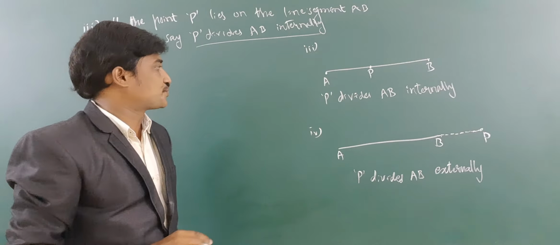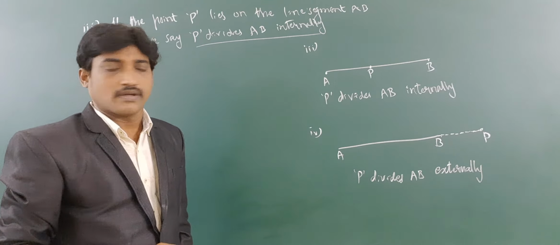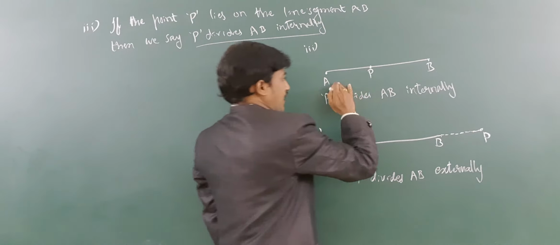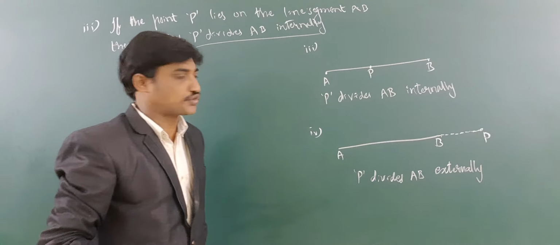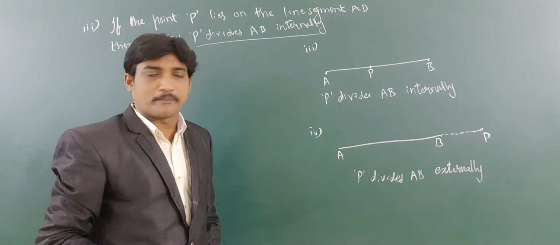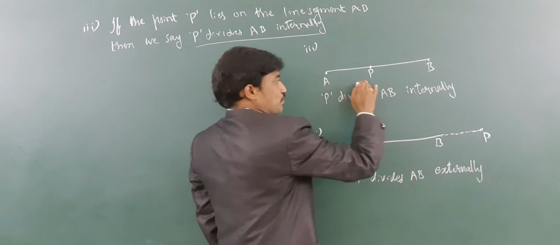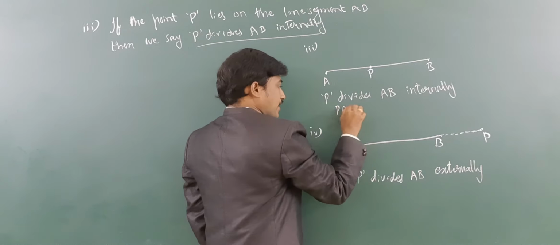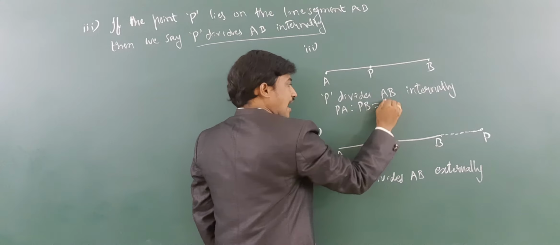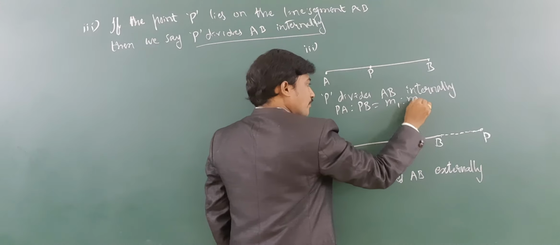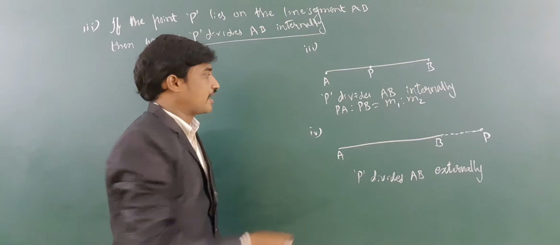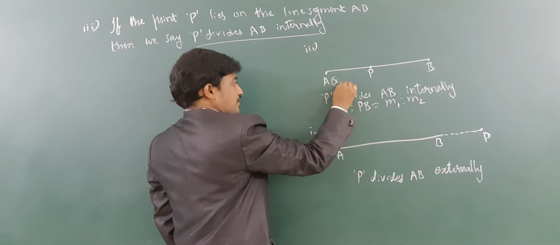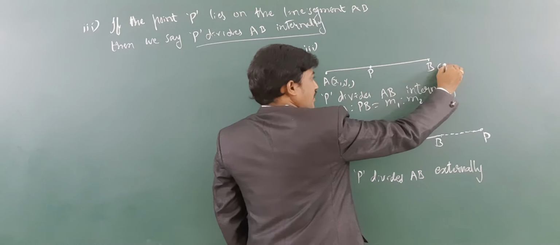Suppose P is dividing AB internally in the ratio m1 is to m2, that means PA is to PB is m1 is to m2, and A is (x1, y1) and B is (x2, y2).